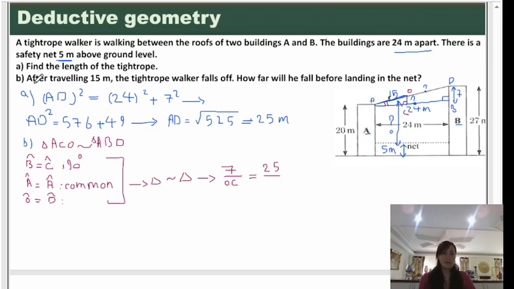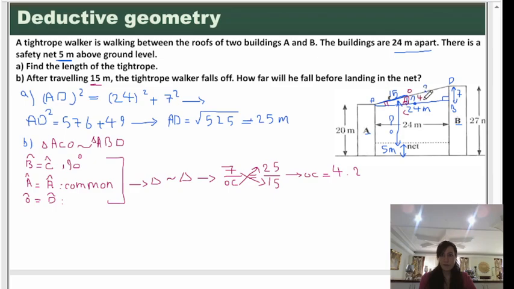Part B says after 15 meters, so AO equals 15. If I apply cross multiplication here, I will find OC equals 4.2.